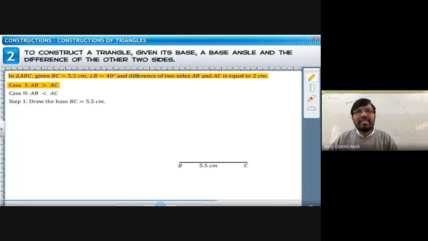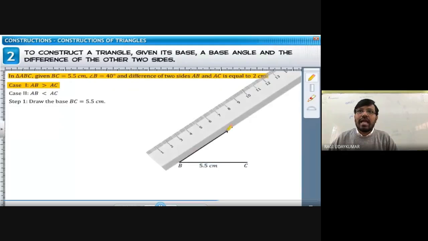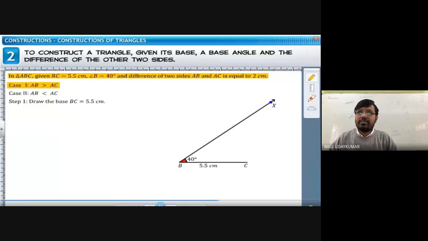So first draw BC of 5.5 centimeters and measure the angle. Angle B is given to you as 40 degrees, so draw a ray at 40 degrees.